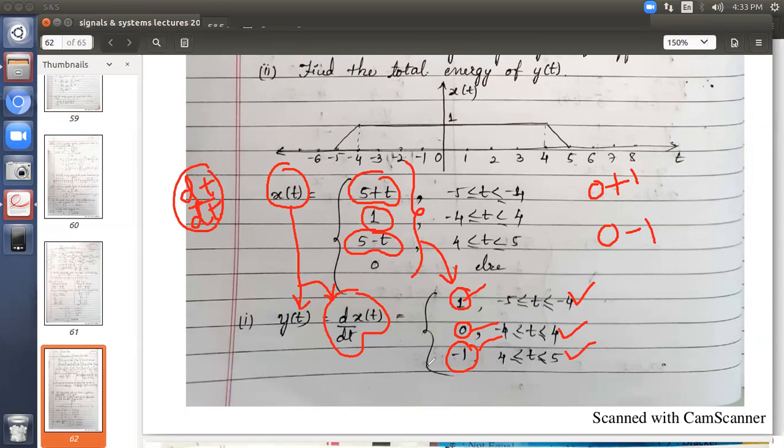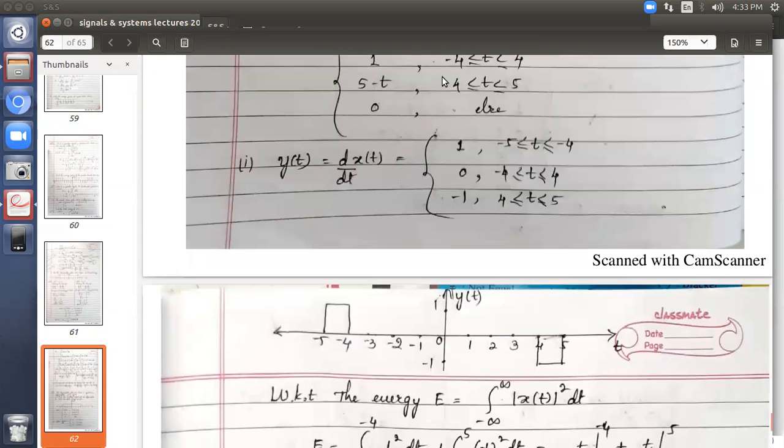Okay, so can we try drawing this y of t? Let's see. The limits are -5 to +5. I will take the horizontal timeline from -5 to +5. This is the extreme range.